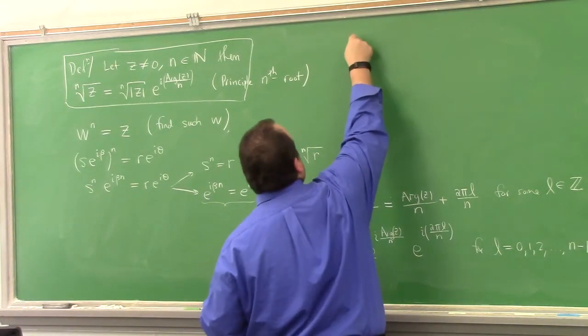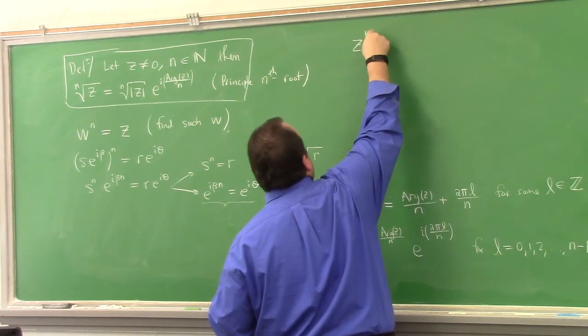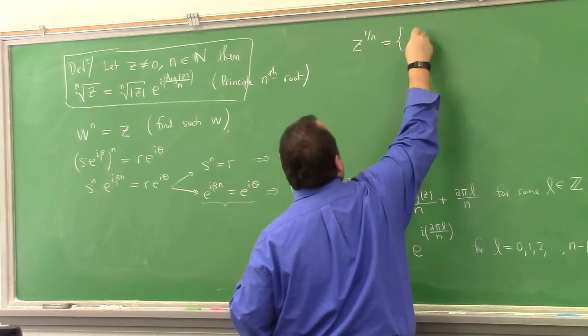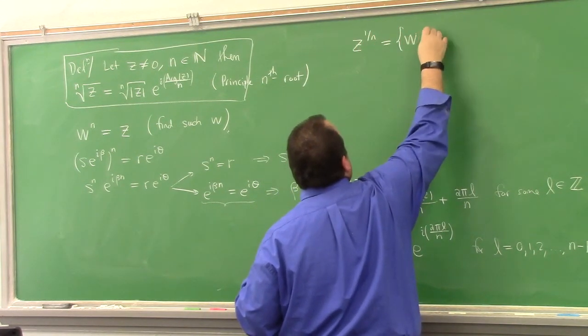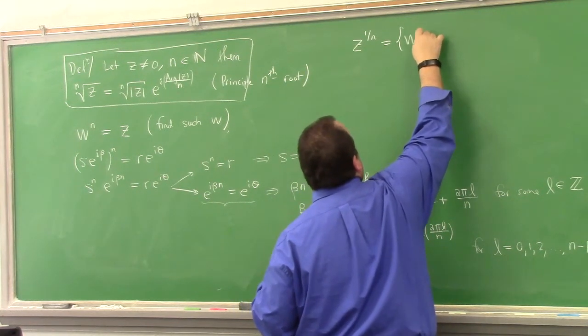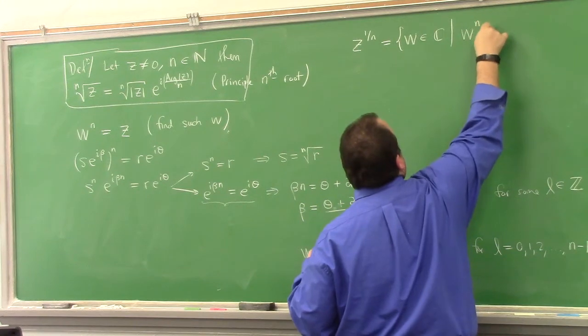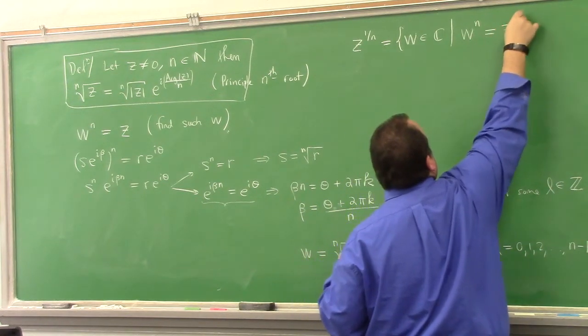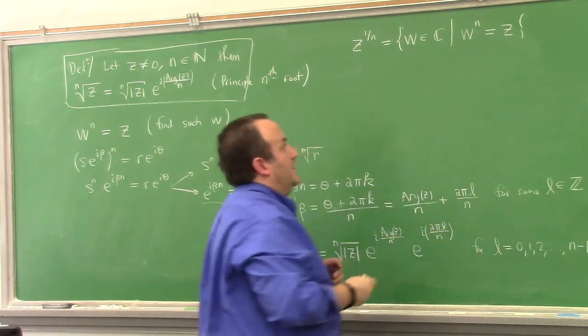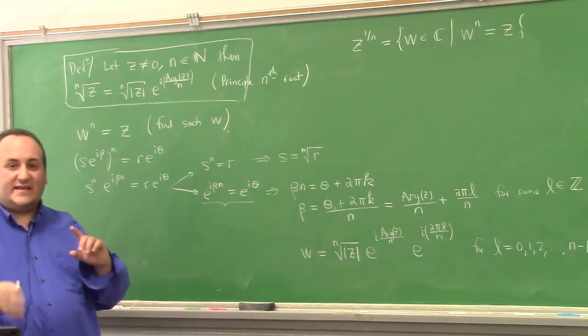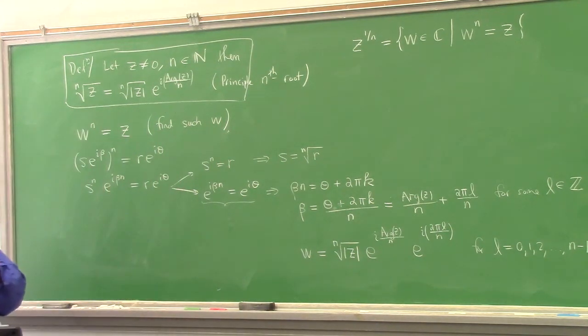In contrast, if we talk about z to the 1 over n, that is equal to w in the complexes, such that w to the n is equal to z. So notice we're going to make a distinction in the complex case between the radical notation and the fractional exponential notation. The fractional exponential notation is going to be a set of values.